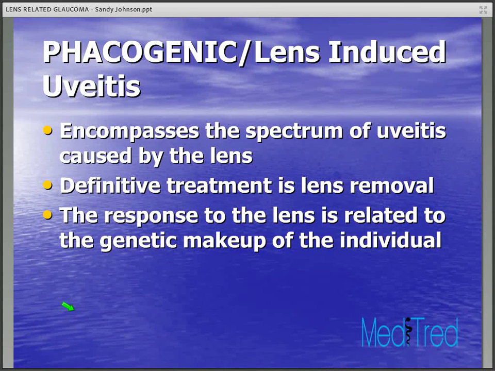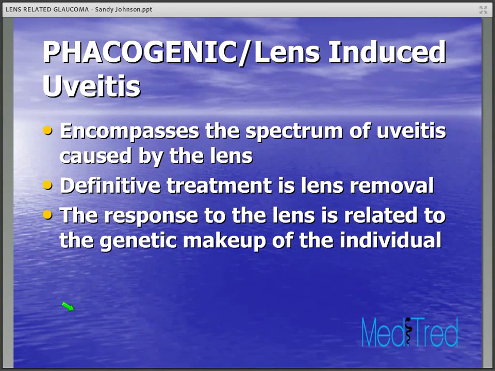There's a global term called phacogenic or lens-induced uveitis that's been proposed. And this particular term just encompasses the spectrum of uveitis caused by the lens, where the definitive treatment is lens removal. So this can include the phacoanaphylactic, the phacolytic, and the lens particle patients.